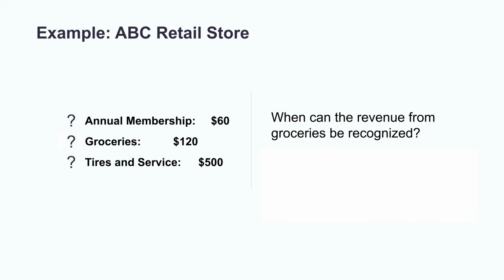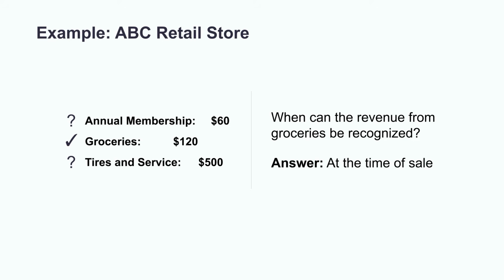The second criteria was that the company must have received payment or be reasonably sure that they'll receive payment. In this case, again, since the groceries have been purchased at the time of sale, this criteria has also been met. Since both of the required criteria have been met, it's clear that the full $120 can be recorded as revenue at the time of sale.